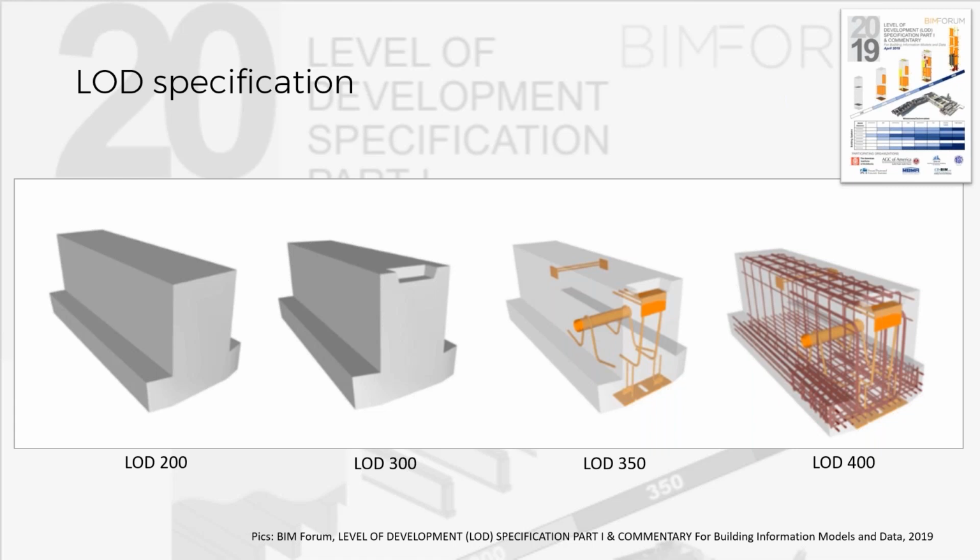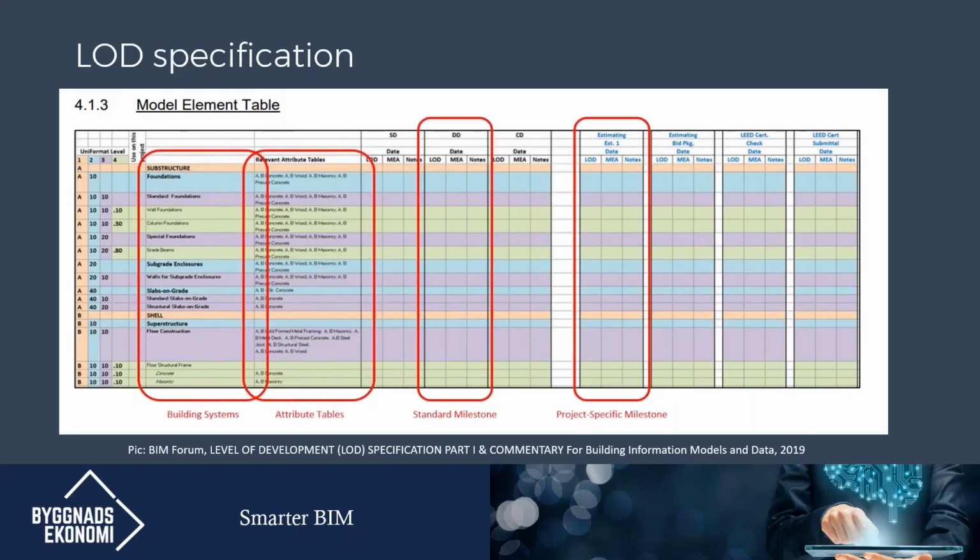When you connect this with classification, we can see on the left side you have the classification system. For each specific building part, you can tell what level of detail you need or are expected to get at what specific design stage.